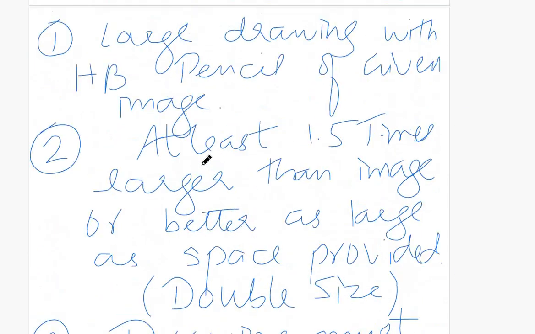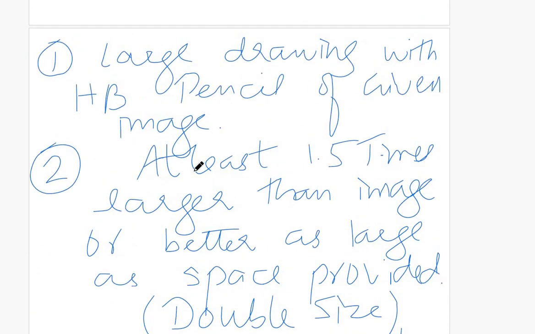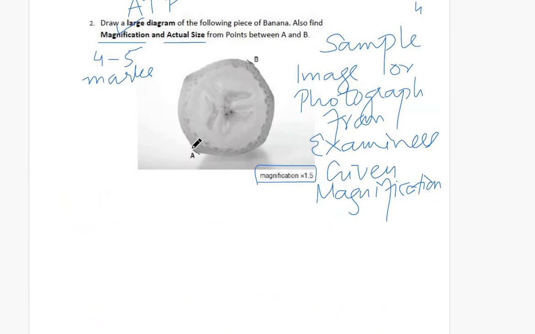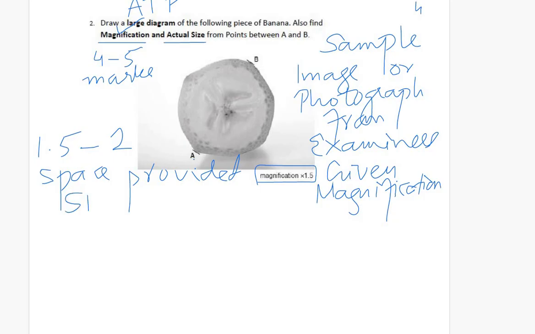So first of all, you have to make the diagram that must be large. The diagram of this image that is given to you must be large. First of all, it must be 1.5 to 2 times large, or as much as the space provided to you. Then the second thing is that it must be similar. So these are the two compulsions regarding the diagram.